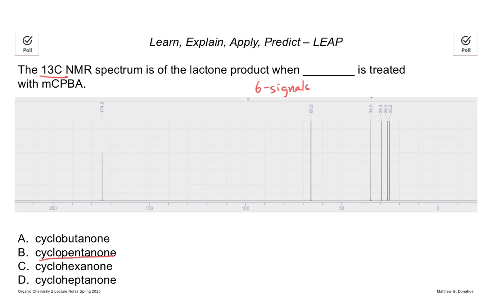So you have to start with this, because the ring is getting expanded, right? There's 7 atoms total, but 1 is oxygen. You don't see the oxygen in the carbon NMR. So you're starting with the cyclohexanone, it gets expanded into 7.